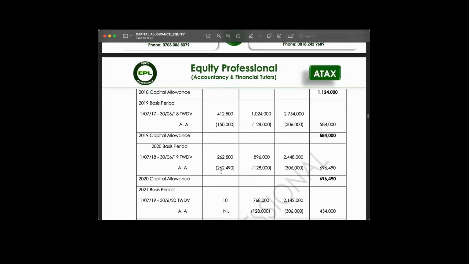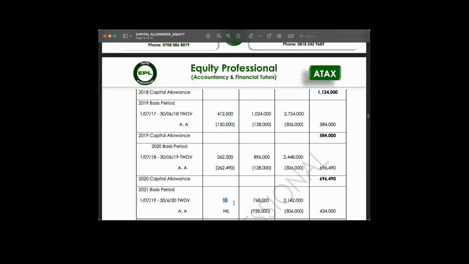Now, in the last year of use, I have 262,500. If you add 37,500 to this one, you will have 300,000. But we're now saying that this asset is not supposed to be more than 4 years. If I want to do it by number of months, I would have taken 150,000 here, and the balance I'll bring to this year again and continue.